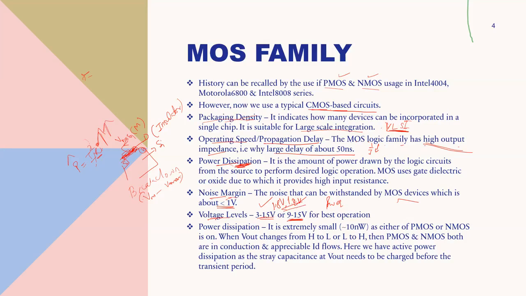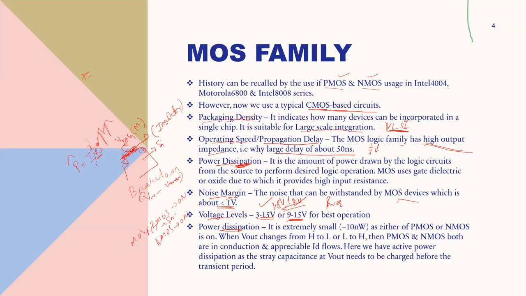I think I've repeated this power dissipation point, but one more point: let's talk about DC power dissipation and active power dissipation. Now, when will DC power dissipation happen? Like I told, either my PMOS is on or my NMOS is on. One of them is on. At that time, my MOSFET is behaving like a switch, right?